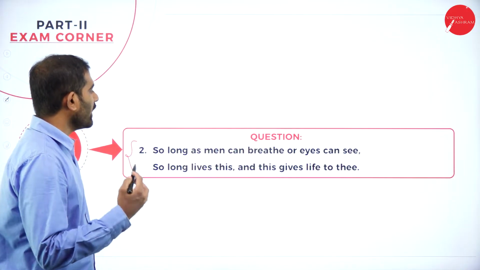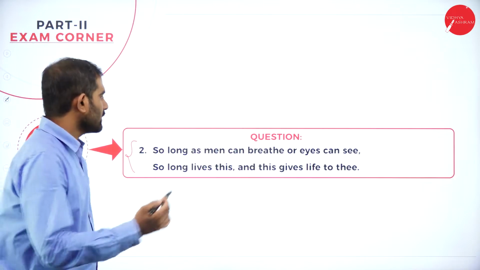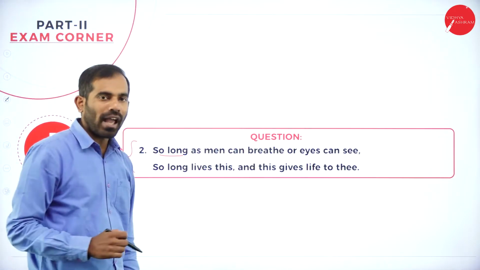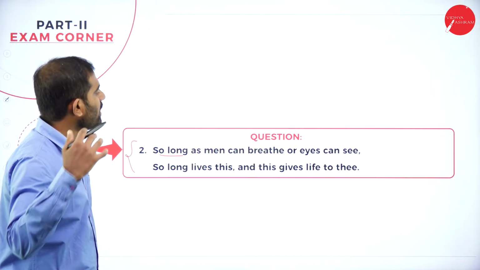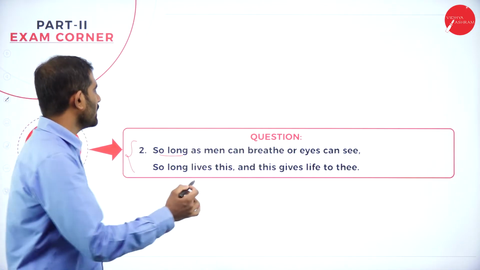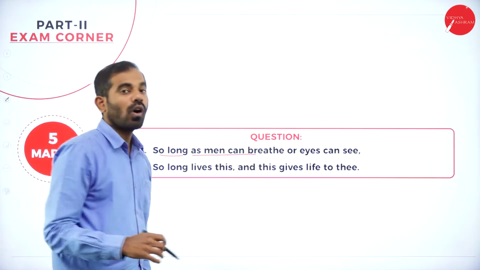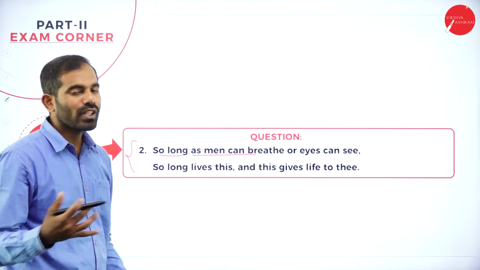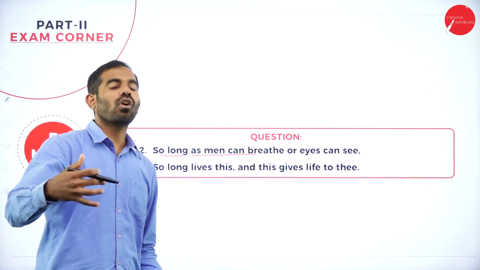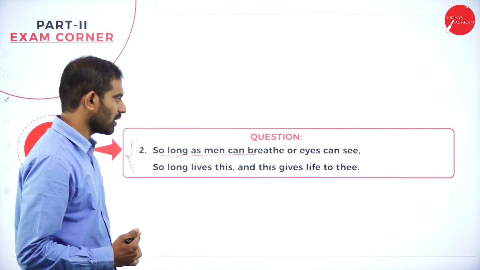mean that he is assuring that his beloved, his companion, is going to live as long as there are men who are breathing, who are alive, which simply means as long as there is life on planet Earth.